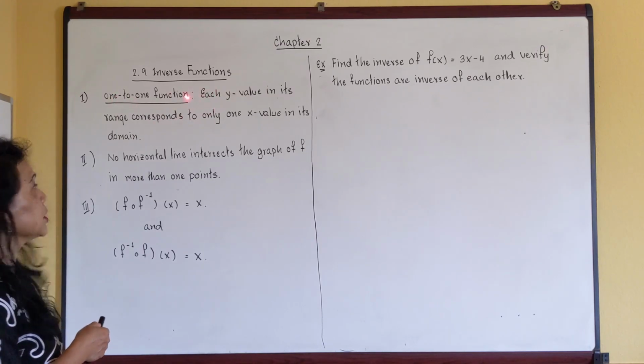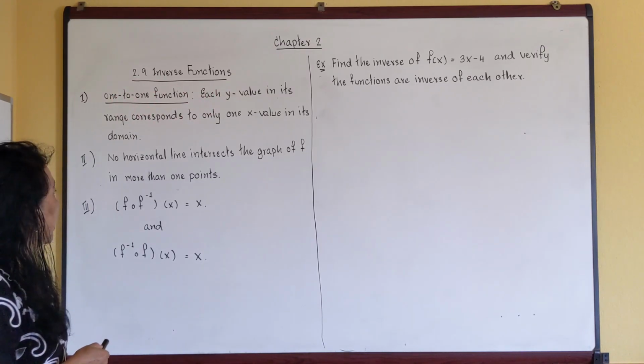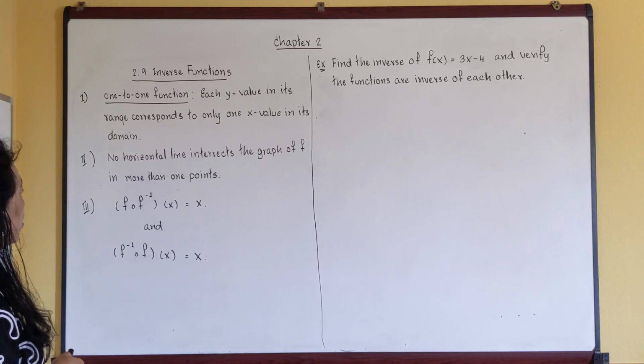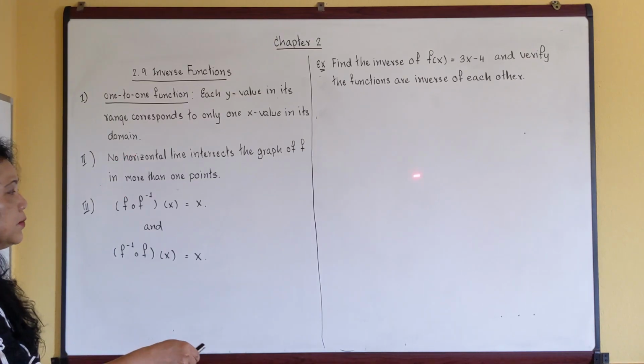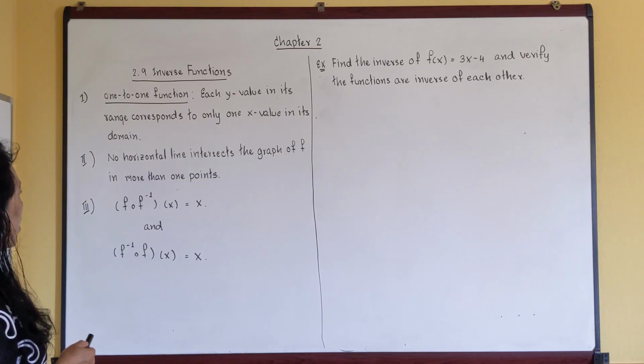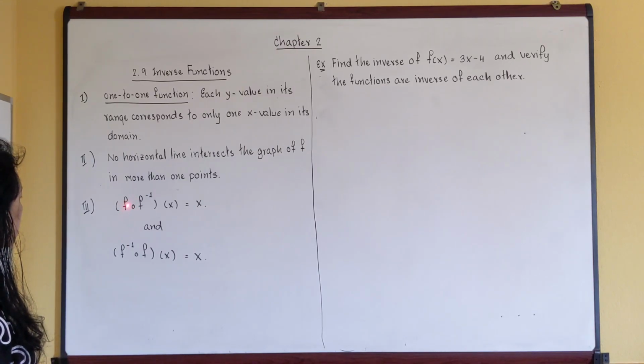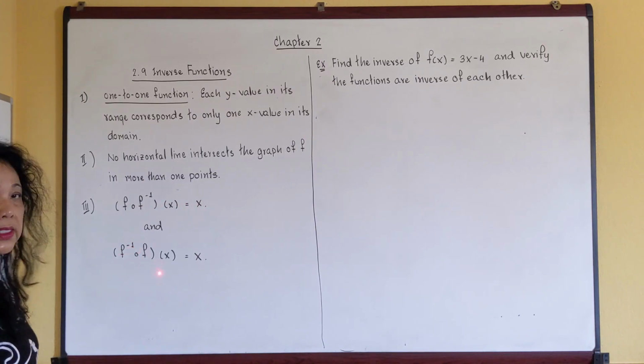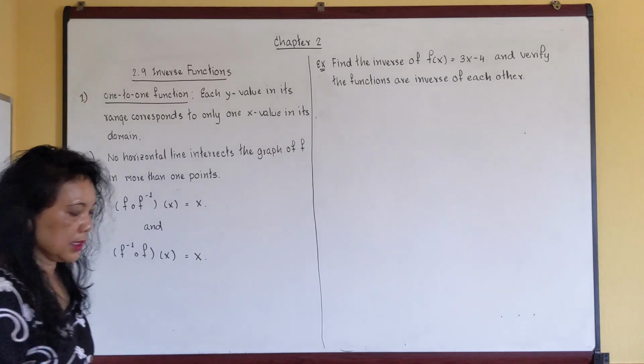So that's the definition of one-to-one. Another one is if you draw a horizontal line from left to right, it should cross the graph one time, not more than one time. And another one is if you take the function and its composition with the inverse of f, you should get x back.